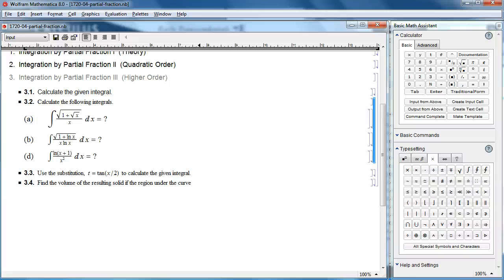In these cases, we'll have to do an appropriate substitution, and that substitution will typically be the square root, and then you'll have to do a bit of partial fraction in the end. Exactly how?